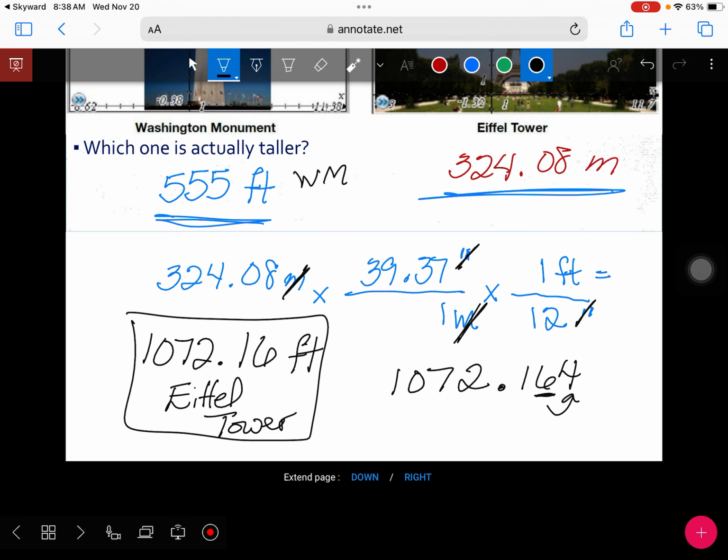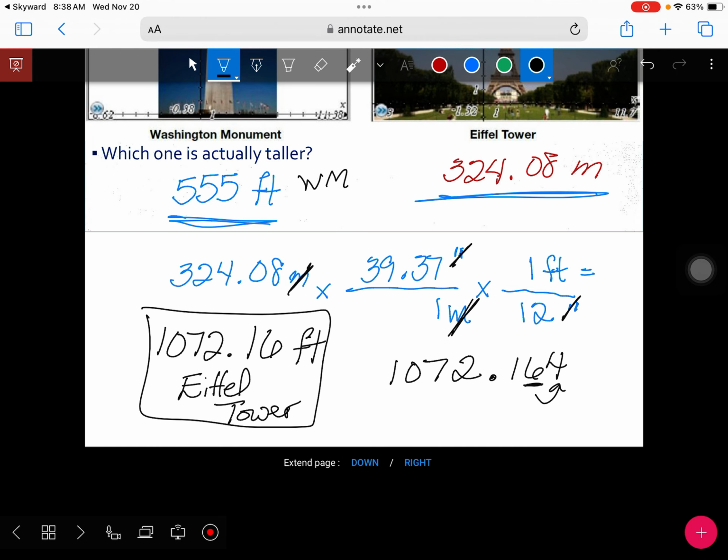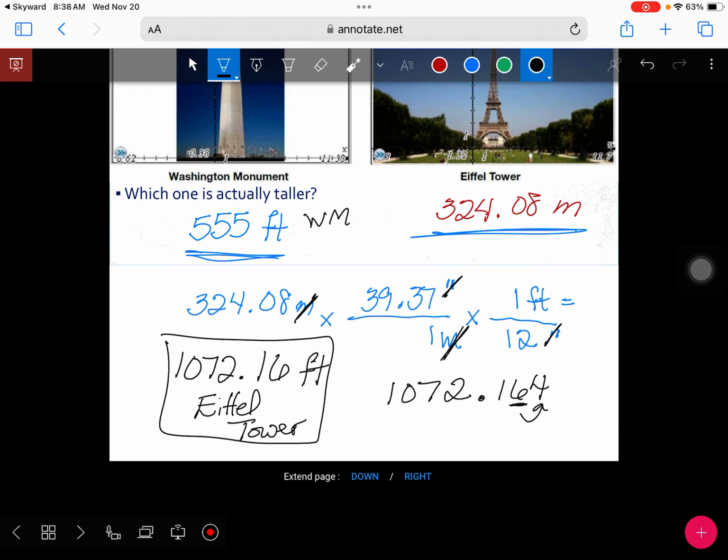So it is not more than twice, just a little under twice as tall. Okay? Questions about that? A scale is like an equivalent ratio where one thing is equal to another in a different unit.